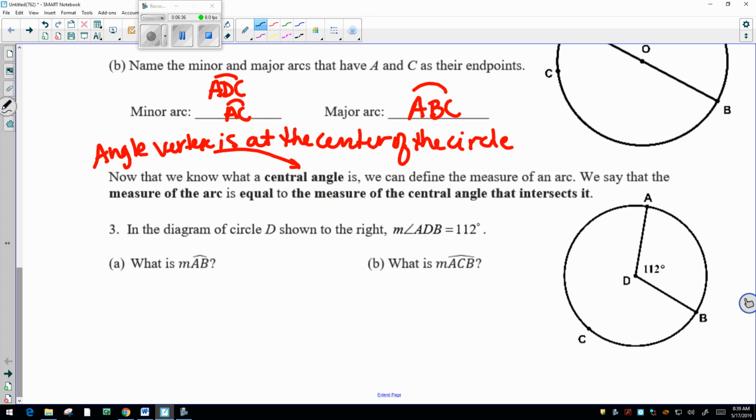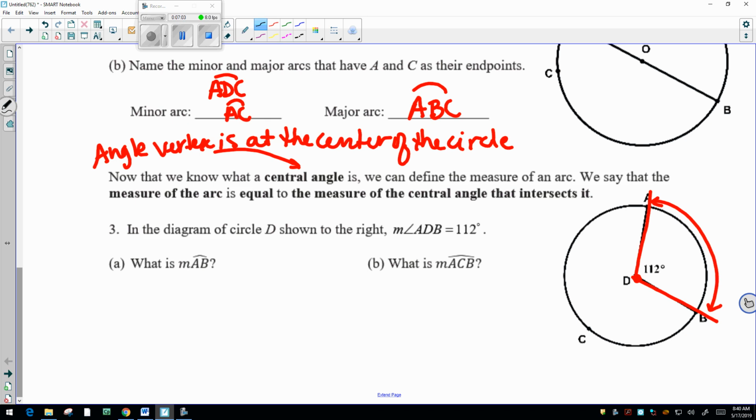So if I were to look at this picture to the right, I can tell you angle ADB is a central angle because the vertex of the angle, D, is located at the center of the circle. Okay. I also know that angle ADB is opening up to this minor arc AB. You know it's minor because I can see it's less than half the circle.